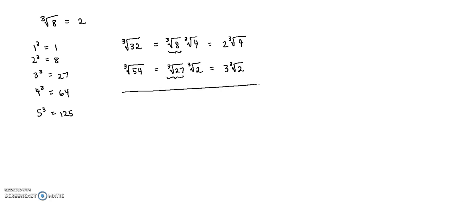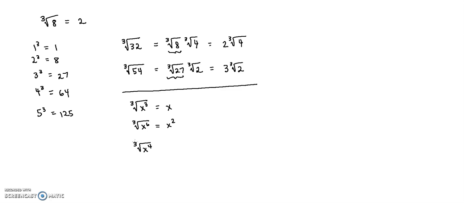All right, let's look at cube roots of variables. Remember we said that the cube root takes 1/3 of the exponent. So we had to have things like the cube root of x to the 3rd, x to the 6th, x to the 9th, and so on, to be able to take the cube root. If it's not a multiple of 3, we can still simplify. So let's say we've got the cube root of x to the 4th.